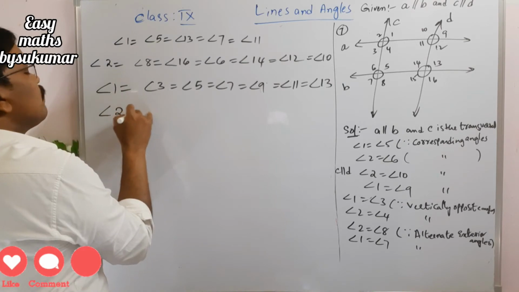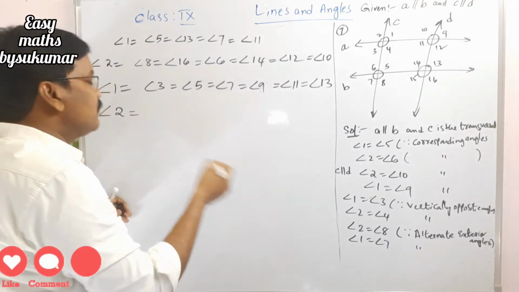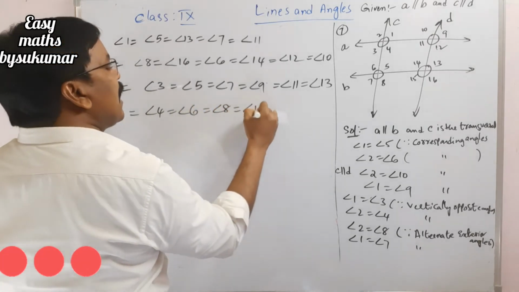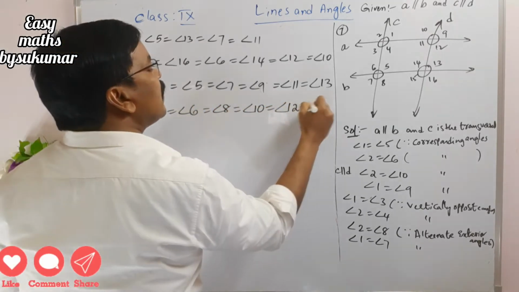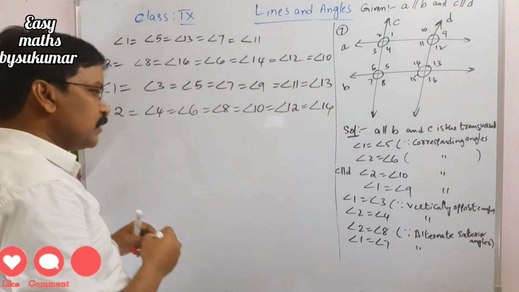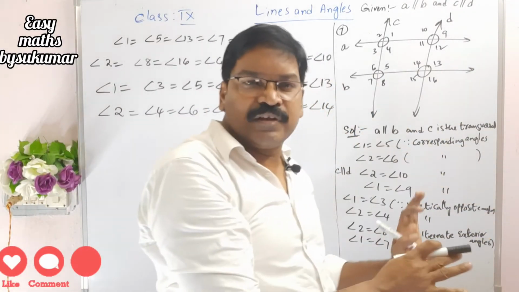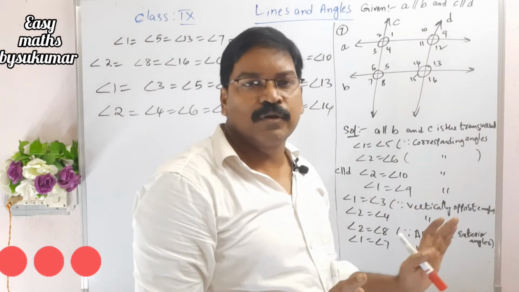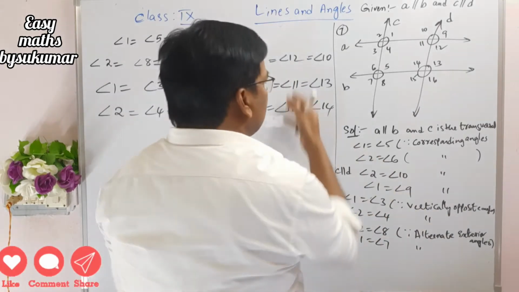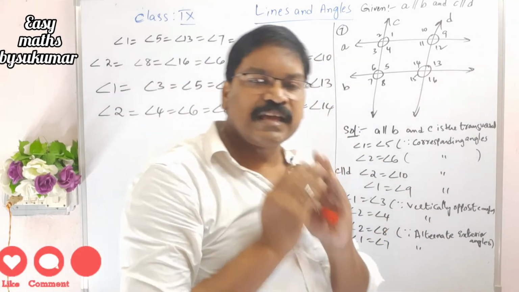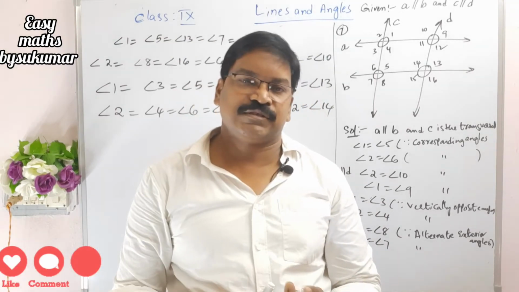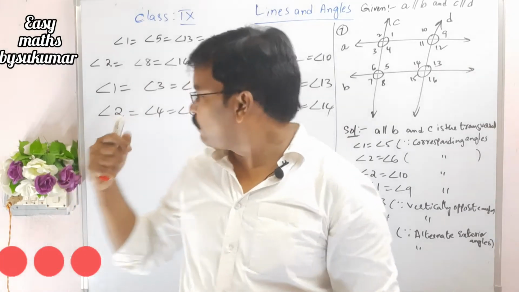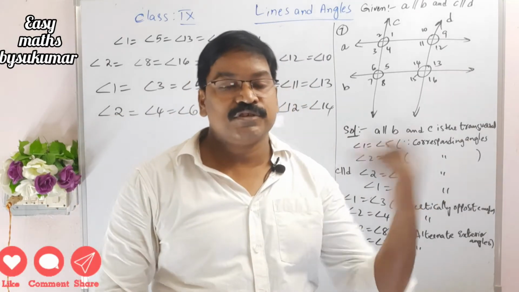But the even number angle 2 is equal to, in this figure, angle 4, angle 6, angle 8, angle 10, angle 12, and angle 14. But for every angle there is a reason. I am not writing simply. I cannot write everything here. But angle 2 is equal to the even numbers from 2 to 14, and angle 1 is equal to all the odd numbers less than 14.